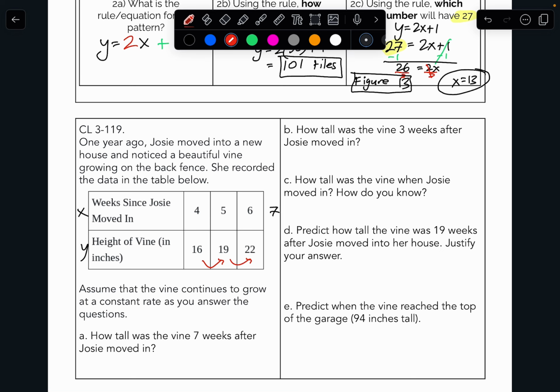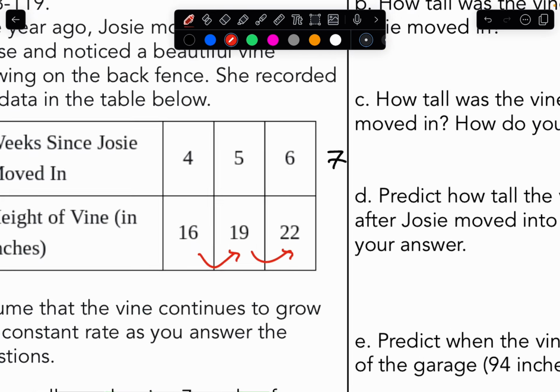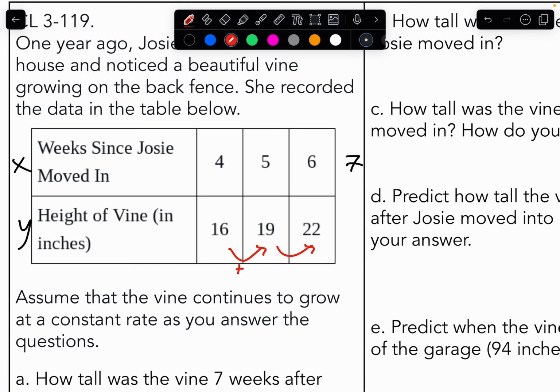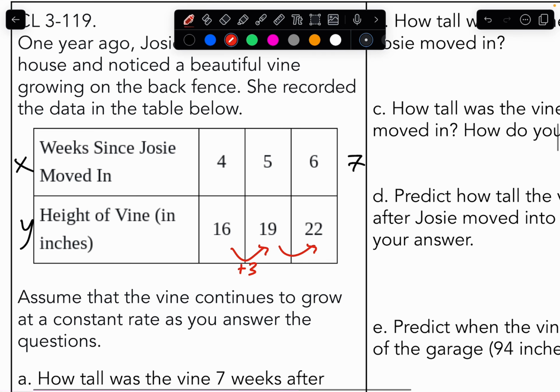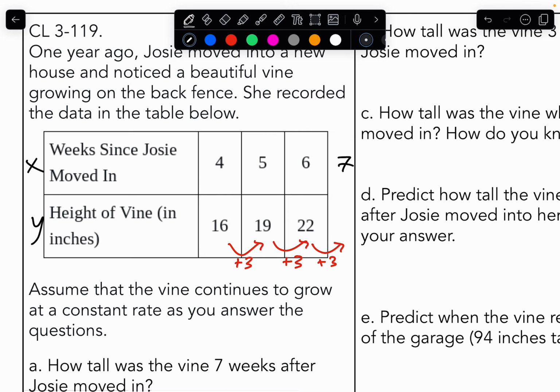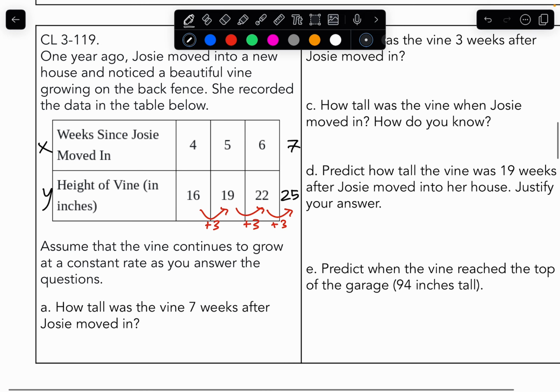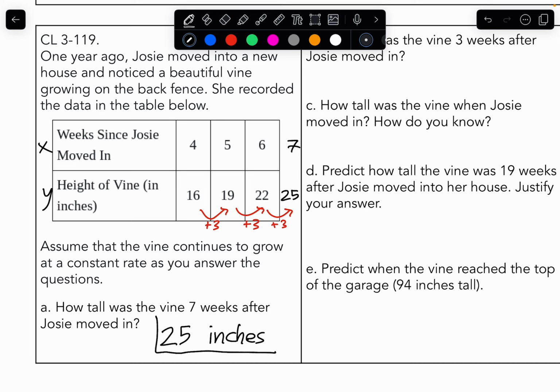What is it consistently adding every time? 16 plus 3? Yeah, 16 plus 3 makes sense. 19 plus 3 is 22. So if I add 3 more, I will get 25. How tall was the vine 7 weeks after Josie moved in? 25 inches tall.